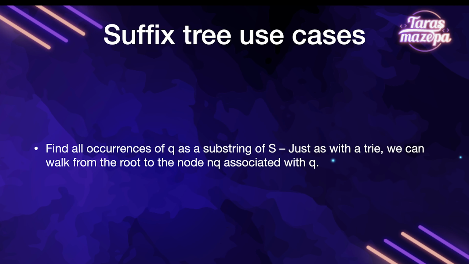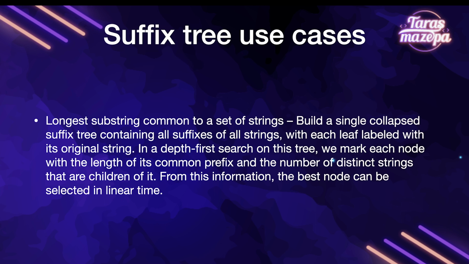Suffix tree use cases. Find all occurrences of Q as a substring of S. Just as with a trie, we can walk from the root to the node associated with Q. Longest substring common to a set of strings.